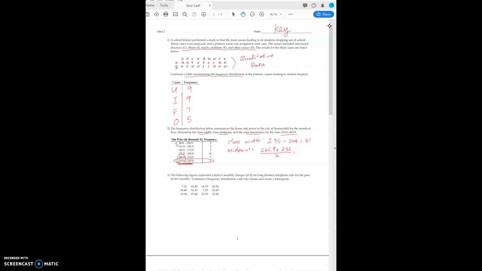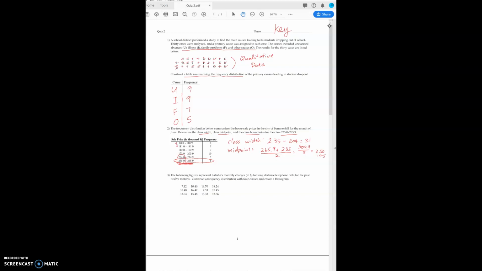I'm going to do my calculations on the calculator. 265.9 plus 235 equals 500.9, divided by 2. I got 250.45.